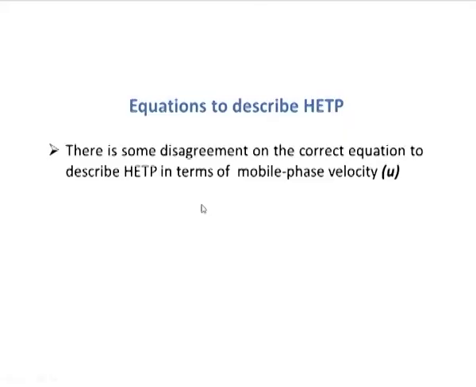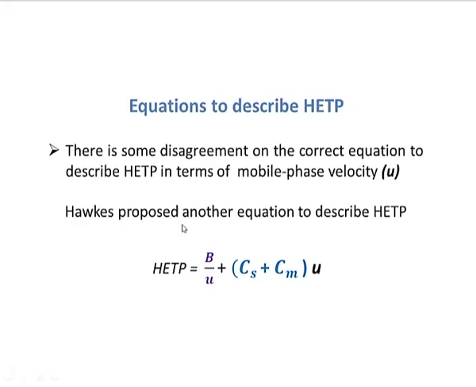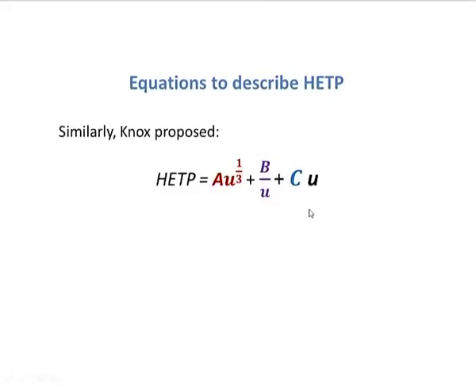Now, once we talk about this, we should also know that the Van Deemter equation is not exclusive, and there are other equations which should be kept in mind, relating to the same term, mobile phase velocity. One such equation was given by Hawkes. It is just a minor modification of the Van Deemter equation, and likewise Knox came out with another equation, which again had certain modifications in the terms used in the Van Deemter equation.